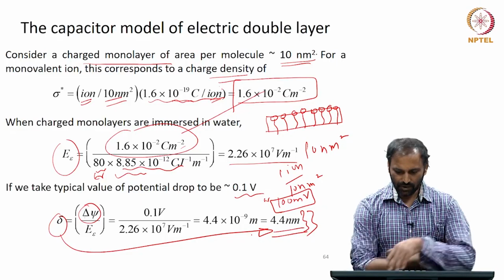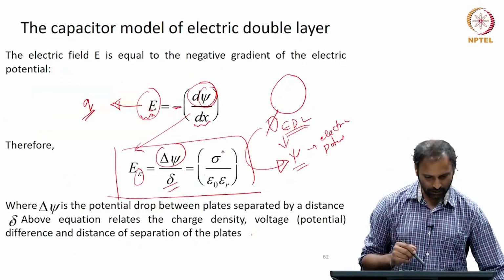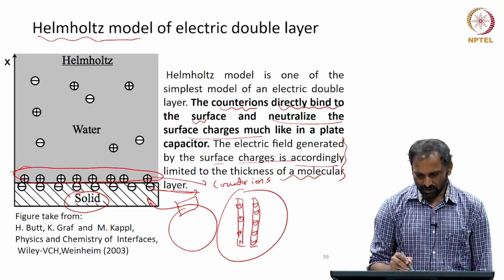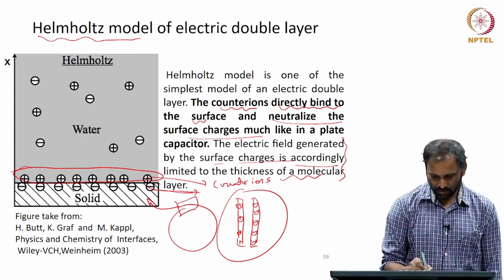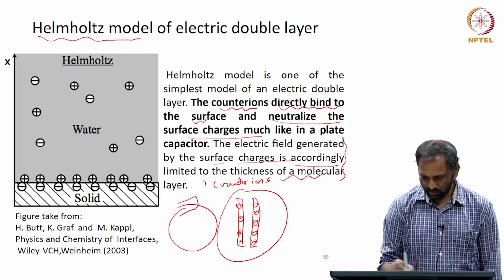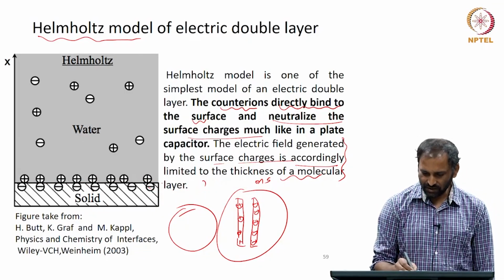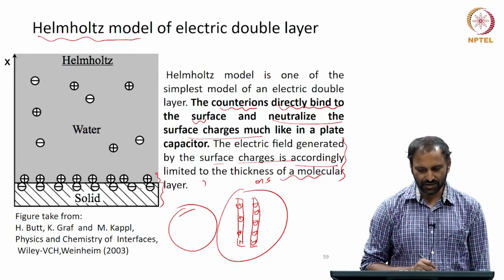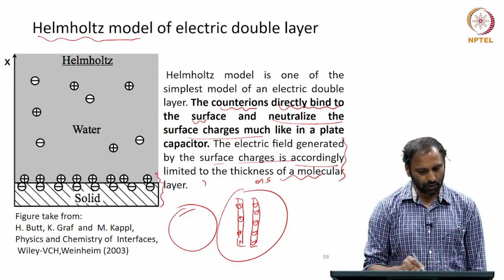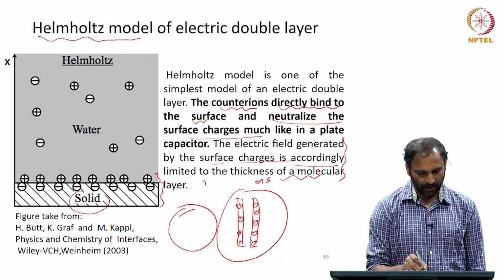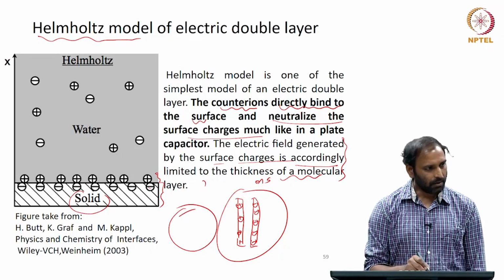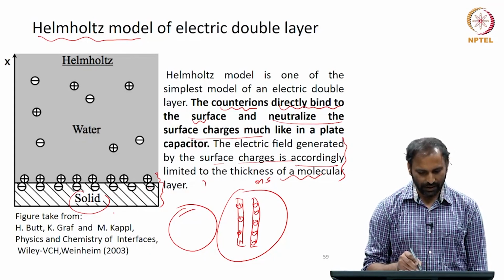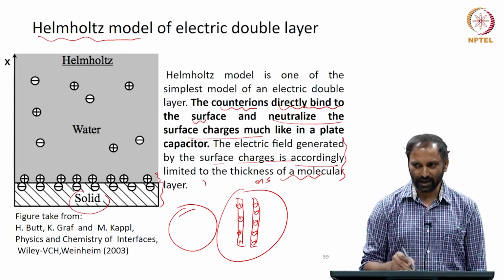If you look at this particular picture, that is a charged surface, and we are saying that the counter ions are strongly bound to the particle surface, essentially neutralizing the entire surface.